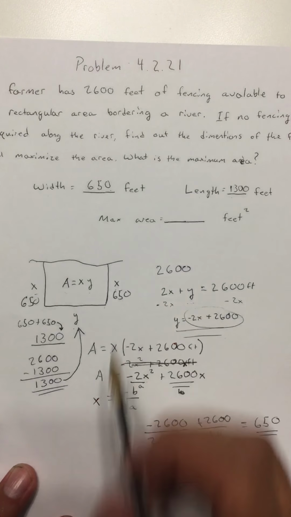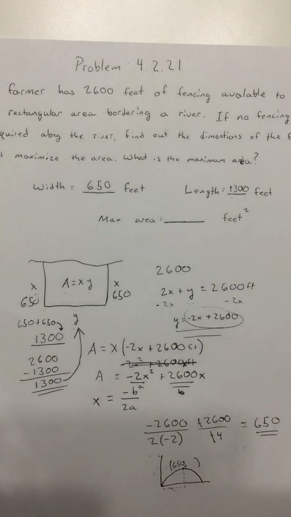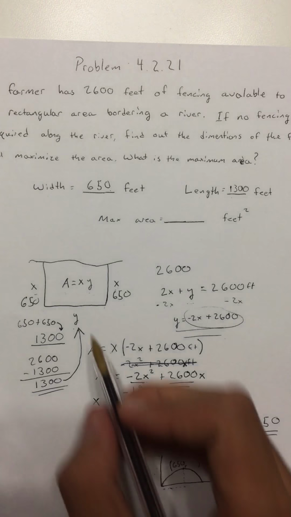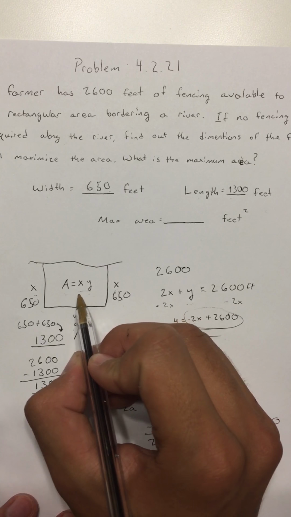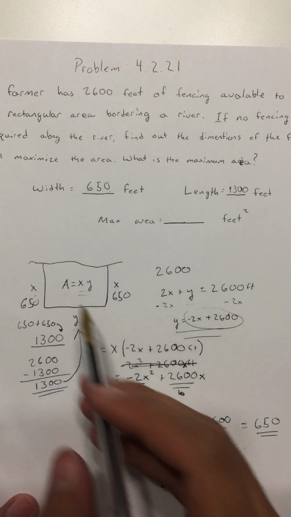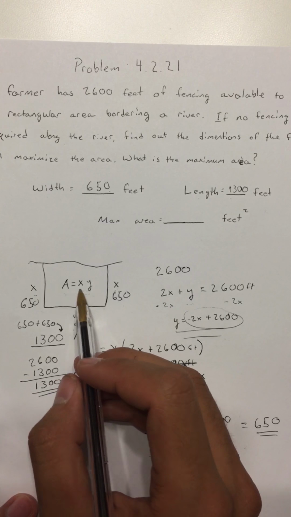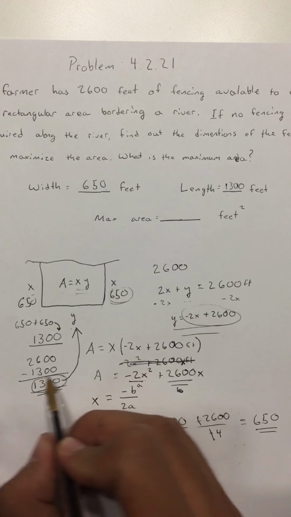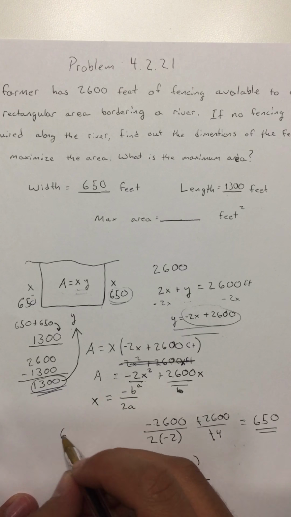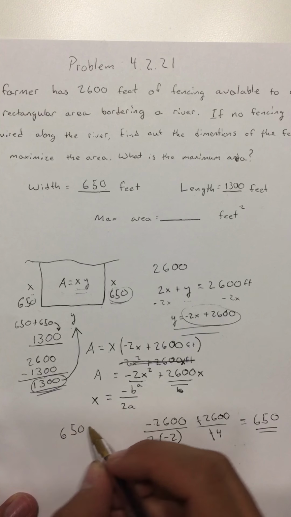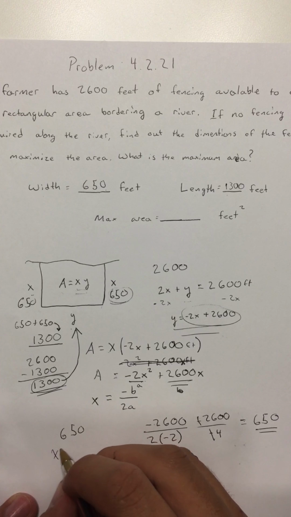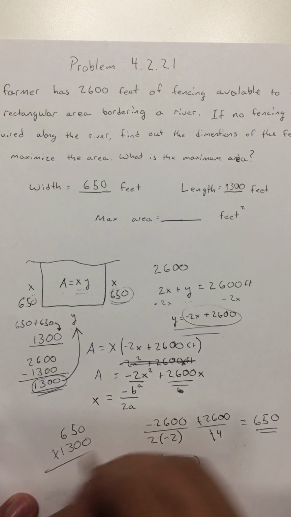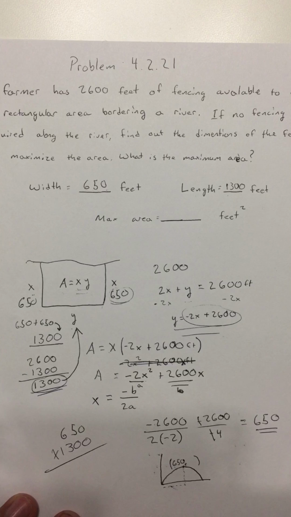Now, to find the area, we could do multiple things. We'll do it the quickest and easiest way, I think, and that would be to plug it back into this formula here. The area is x times y. So 650 times 1,300 right there.